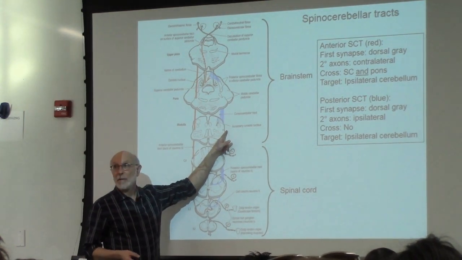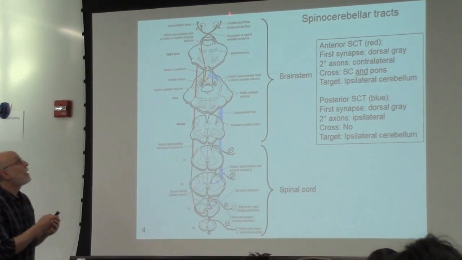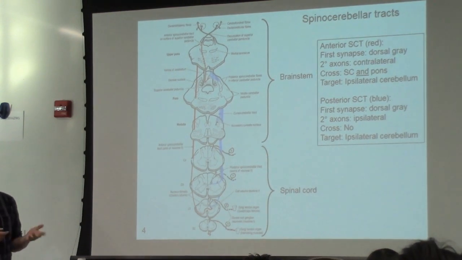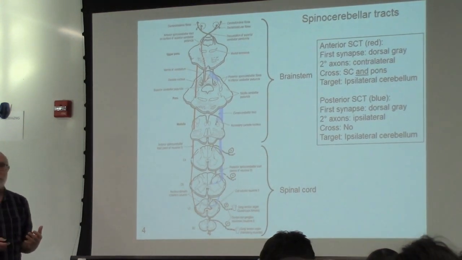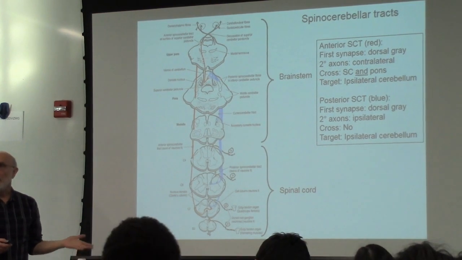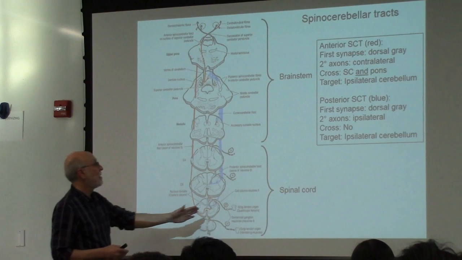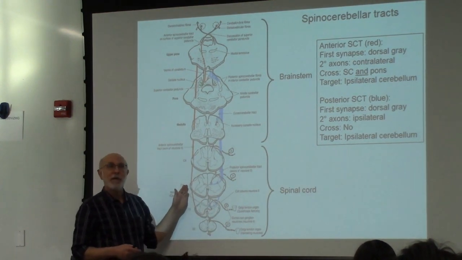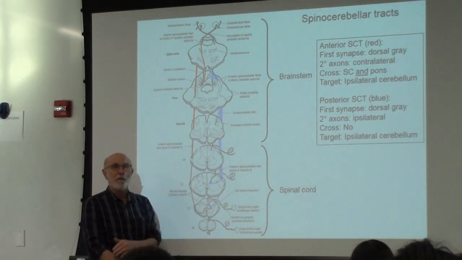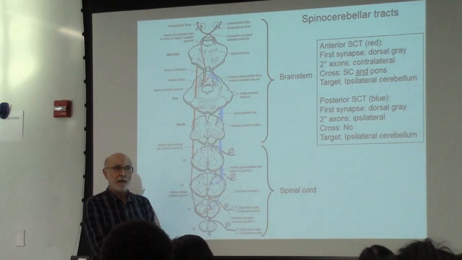And they stay ipsilateral. So again, the ipsilateral cerebellum processes the information from the posterior as well as the anterior. But in the anterior, it's crossed over in the spinal cord and then double crosses back over in the brain. So it's complicated.